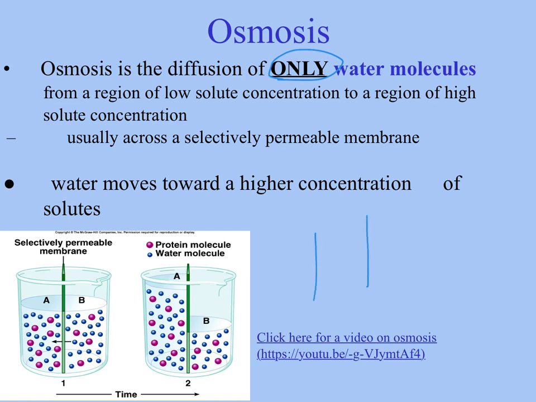So if you have a system with a semi-permeable membrane and you have 10 units of solute on one side and 1 unit of solute on the other side, regular diffusion says those solutes are going to move from high to low. But when we're talking about osmosis, we're talking about the movement of only water. And osmosis rules say that diffusion of water is going to happen from low solute concentration to high solute concentration.